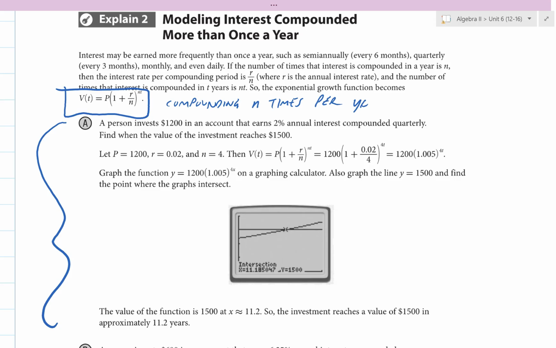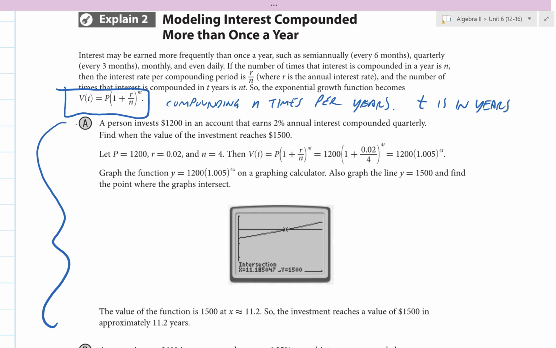T is still the number of years. So T for all these different equations, T is always in years. So that's a good thing to note. T is in years. Okay.